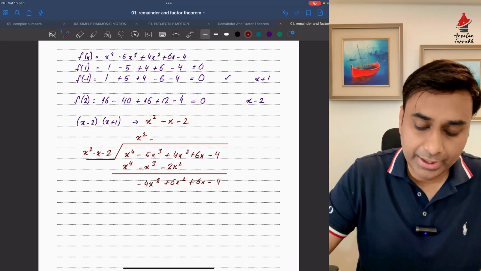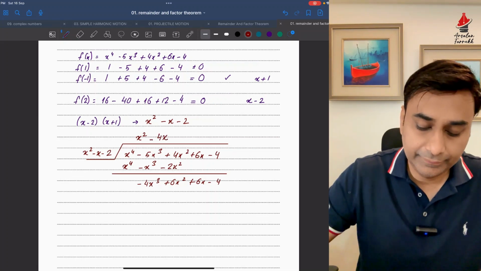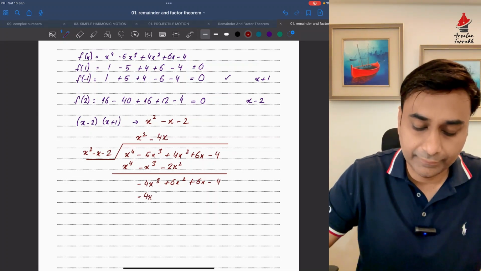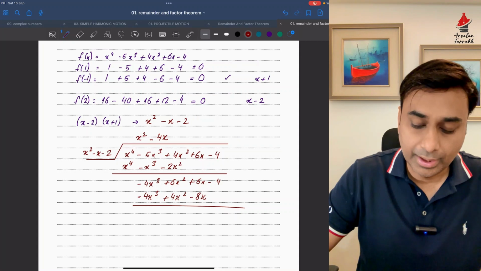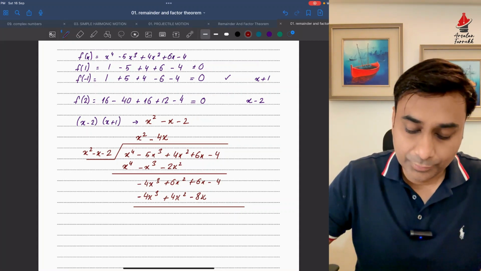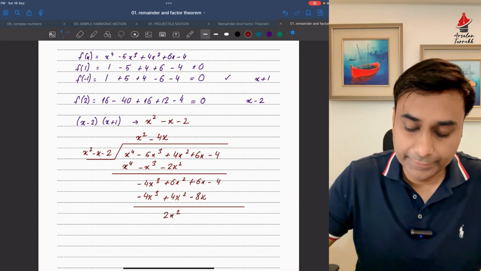I'm going to multiply it with minus 4x, which will give me minus 4x cubed plus 4x squared minus 8x. I subtract these again, I'm going to get 2x squared plus 14x minus 4.